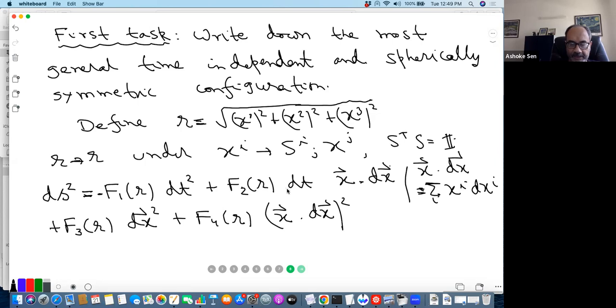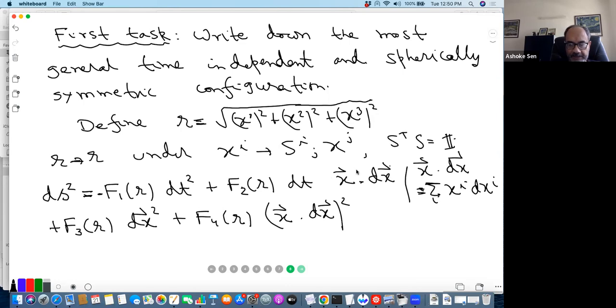And it also has spherical symmetry. That's the reason it doesn't depend on any other combinations of the coordinates x1, x2, and x3. It depends only on this particular combination. Furthermore, these are all invariant under rotation and time translation. dt square obviously is invariant. dx by itself is not invariant under rotation, because dx will rotate by this S, but x dot dx is.